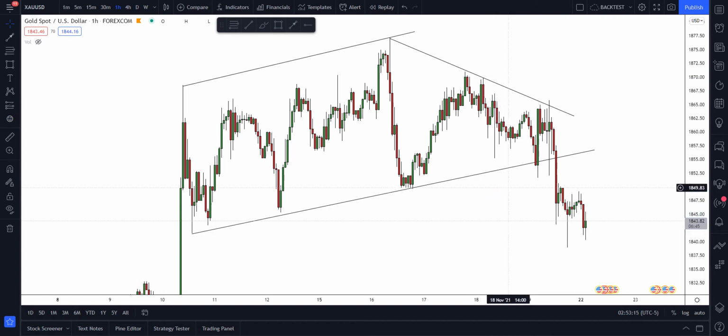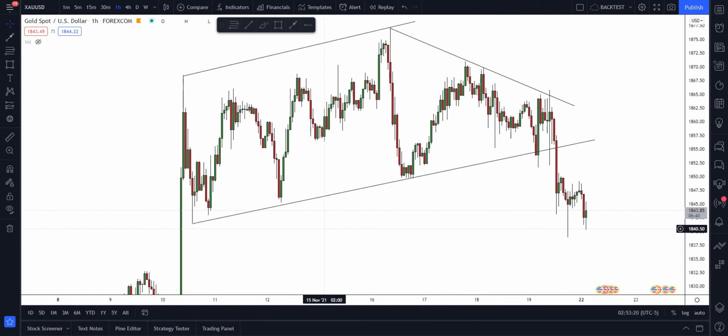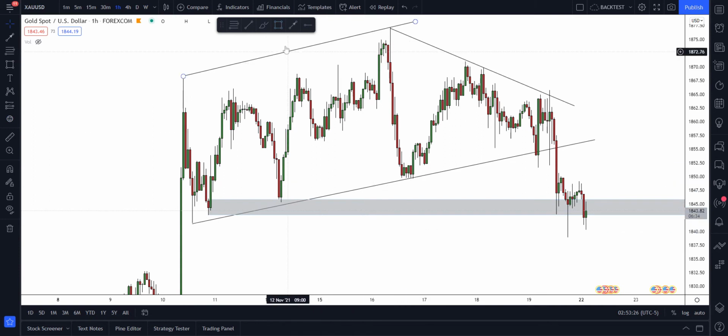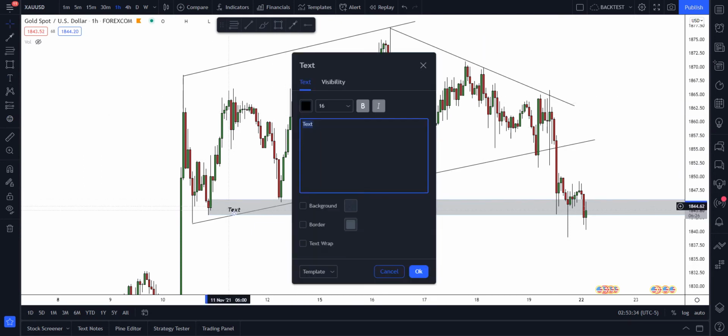Okay, just want to go over some important zones. We have our demand zone here, right? This demand zone perfectly aligns with our 50% fib, with our golden zone.